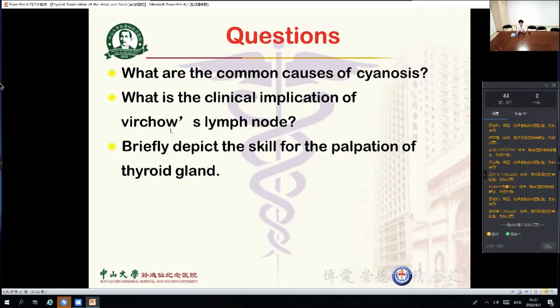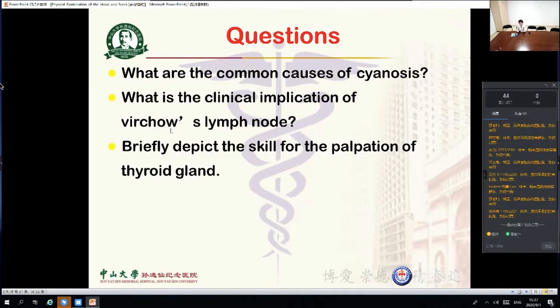We do swallow to see if the thyroid gland moves together with the swallow, okay? And to identify if there is any enlargement of the thyroid gland and any nodules.